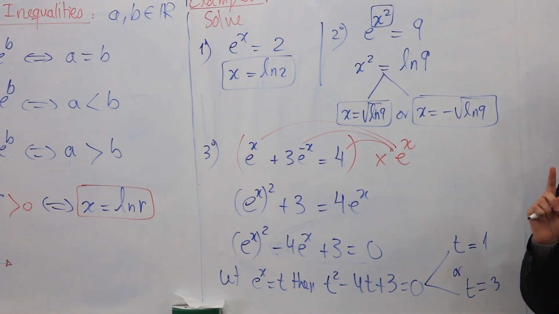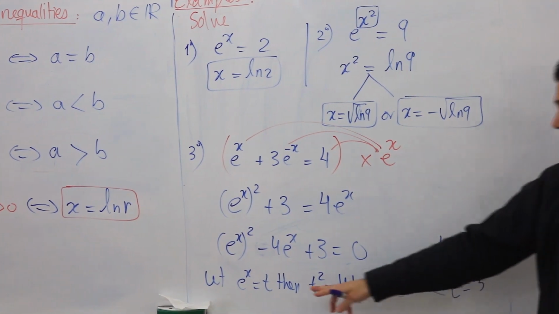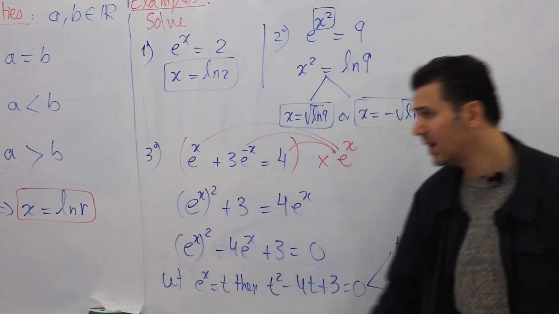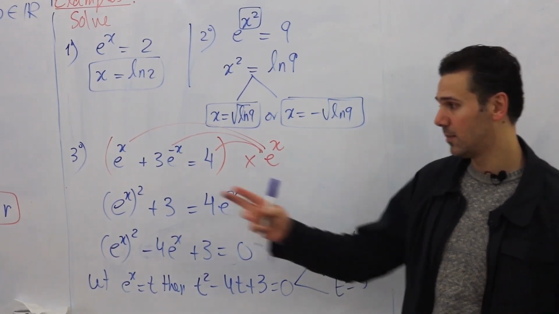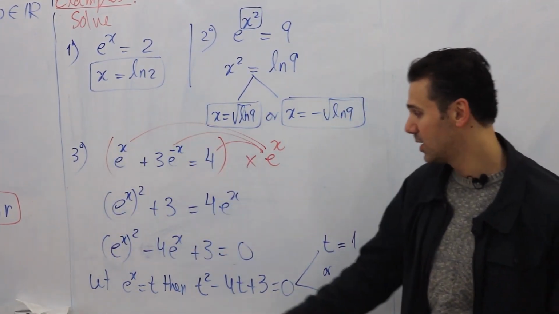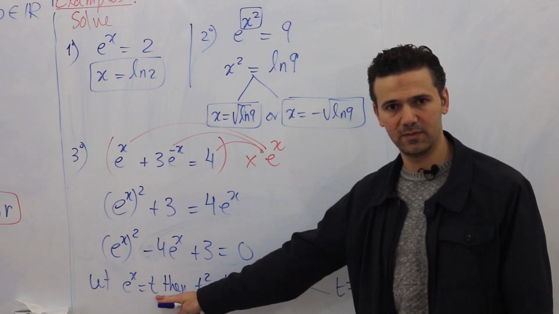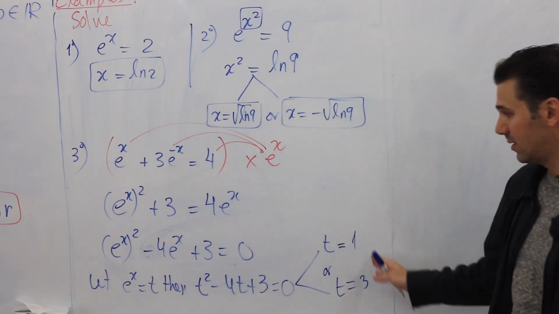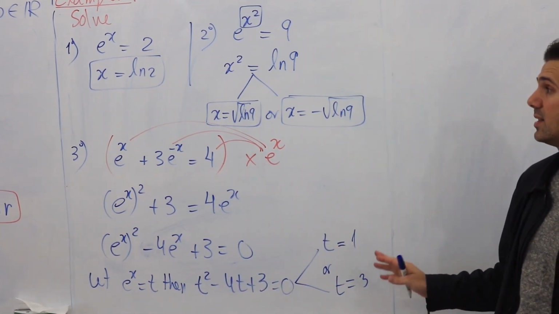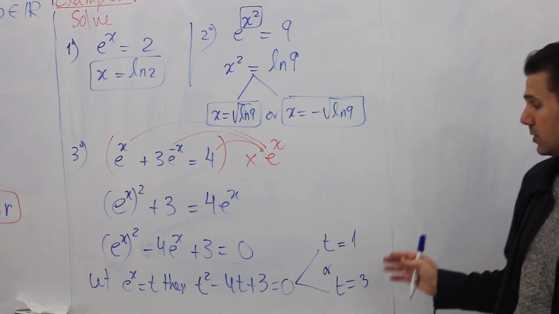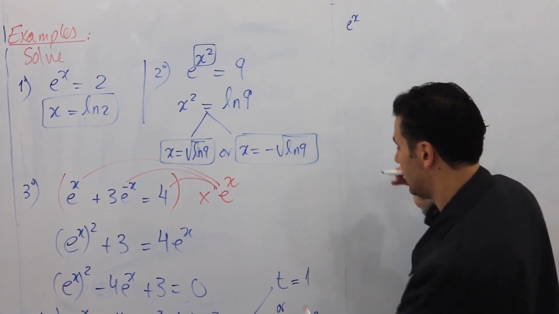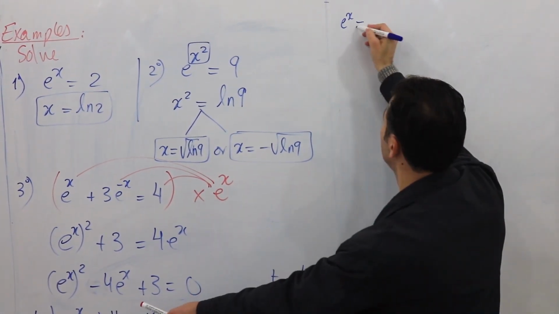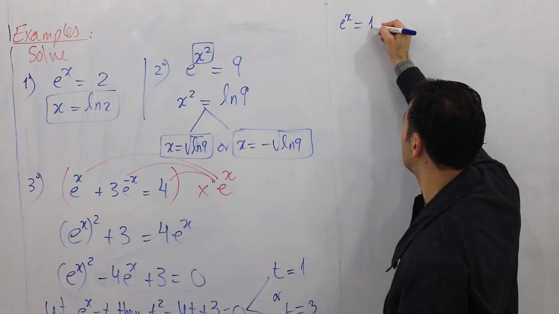What condition do we have on t? As we have said, e^x should be positive since its curve is above the x-axis, so t must be positive, okay? In case we got t which is negative, then we can say that the equation has no solution.